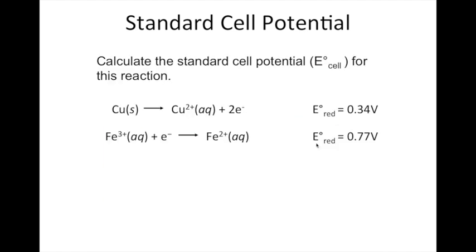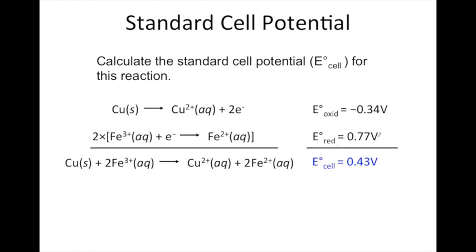As the equation was written, the copper was undergoing oxidation, so I have to flip the reaction and also change the sign in order to make this a standard oxidation potential and this the standard reduction potential. Now I add these two together to get my standard cell potential, which is 0.43 volts. So E oxidation plus E reduction gives me the E cell standard.